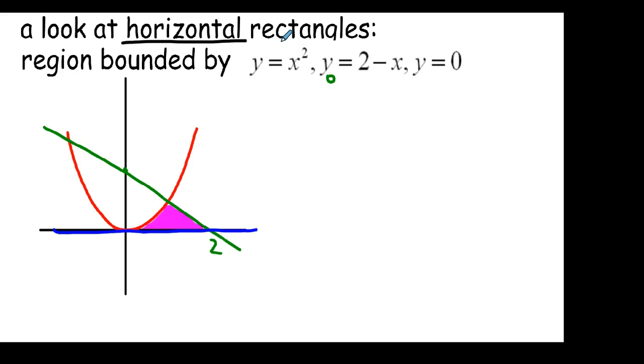If I draw my rectangle horizontally, no matter where I draw that rectangle in that region, it's green minus red. That means 1 integral. So that's what we want to draw. You should draw a horizontal rectangle. A horizontal rectangle is typical to that entire region, which means 1 integration.